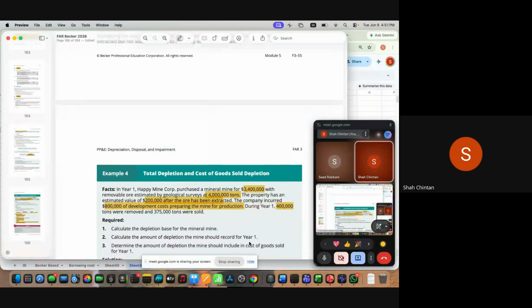Let's say you have an asset you purchased in year one for 200,000. Your useful life is 5 years. You have a component 1 and a component 2.